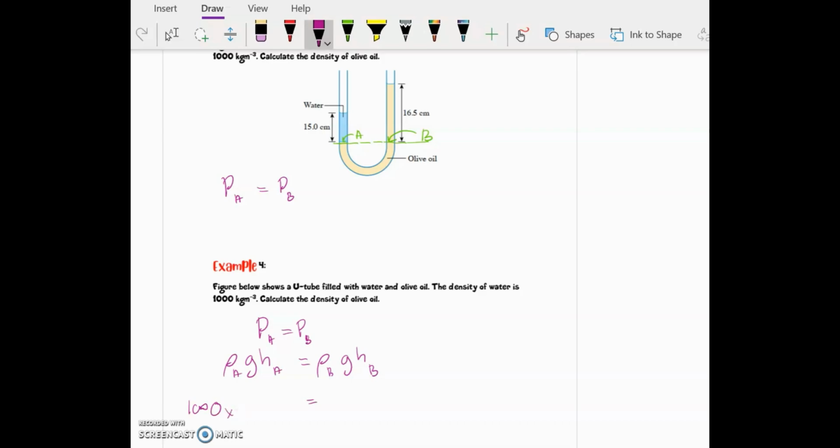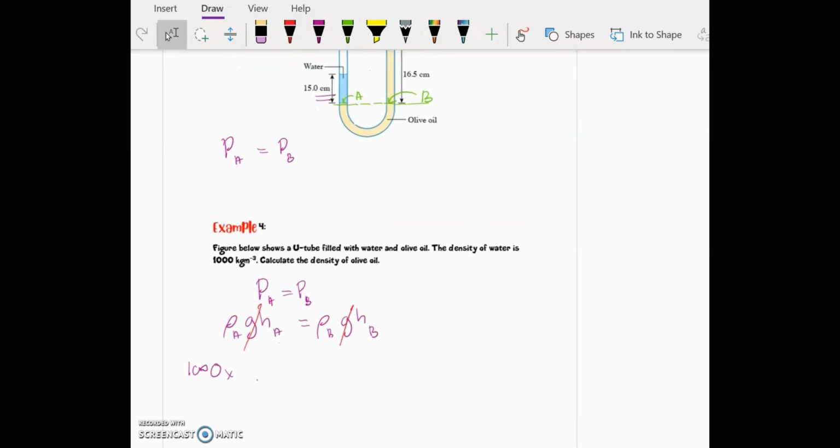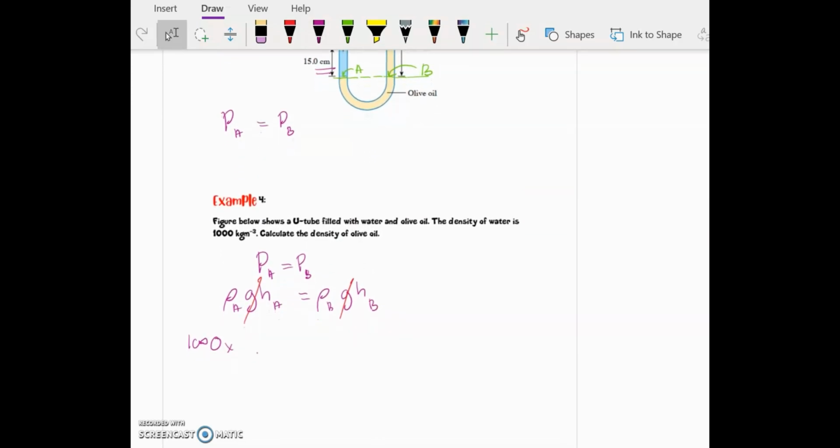Before you proceed, you can see that on the left side we have gravitational acceleration, and similarly on the right side we also have gravitational acceleration, so we can cancel this out. That leaves you with density and height on both sides. So 1000 times height of A. Height of A is 15 centimeters, but don't forget you have to convert to meters, so it is 0.15.